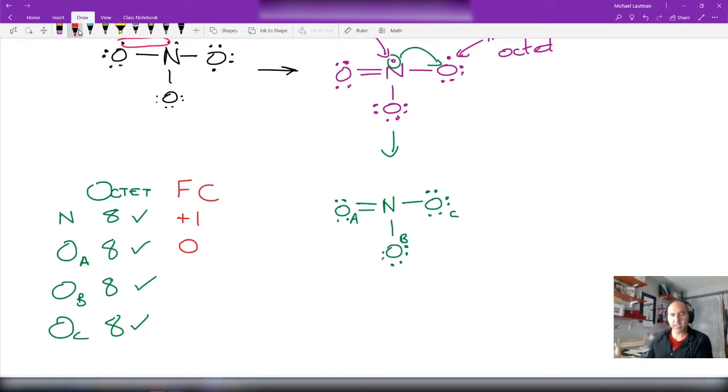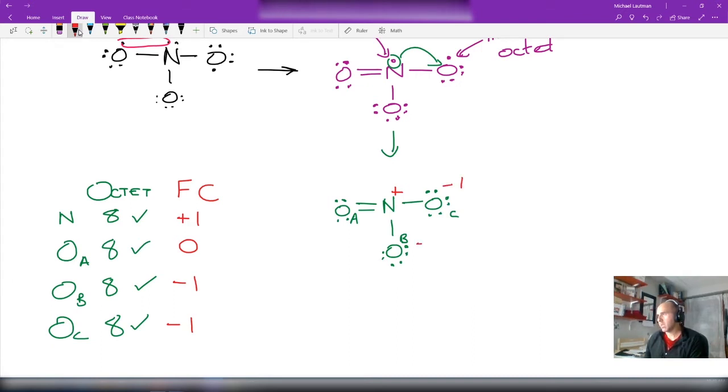Neutral oxygen has 6. That's 1 extra electron. That's -1. And then this oxygen has also the same thing. 1, 2, 3, 4, 5, 6, 7. So that's also -1. And so I could write that like this: plus -1. Oh, no, that one's 0. Sorry.